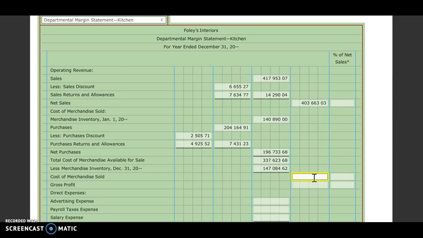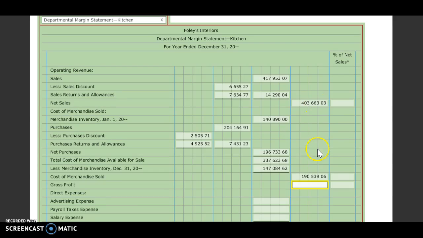Then we need to figure out what our cost of merchandise sold is. We're going to take our total merchandise available minus our merchandise inventory, which gives $190,539.06. Next, we need to figure out our gross profit.